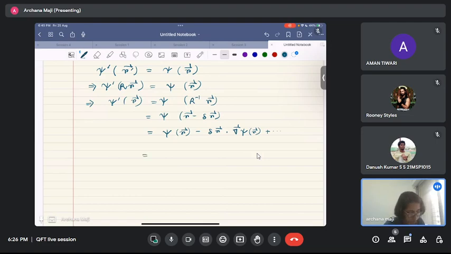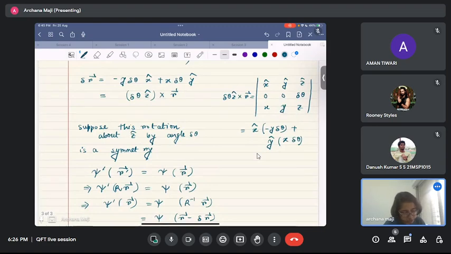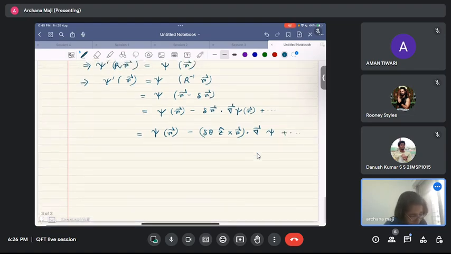Now we have seen what the delta r vector is, that is delta theta along z hat cross r vector, dotted with grad acting on psi. Okay, now we can rewrite that last equation as delta theta z dotted with r cross grad.